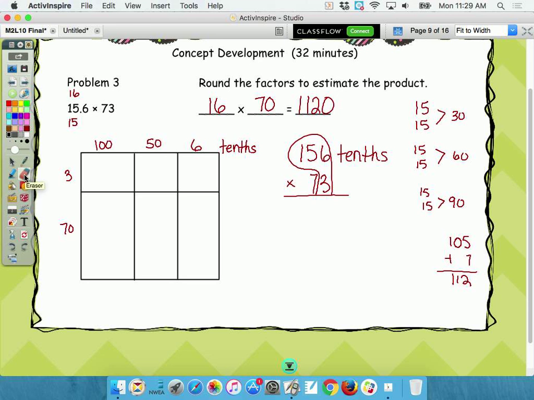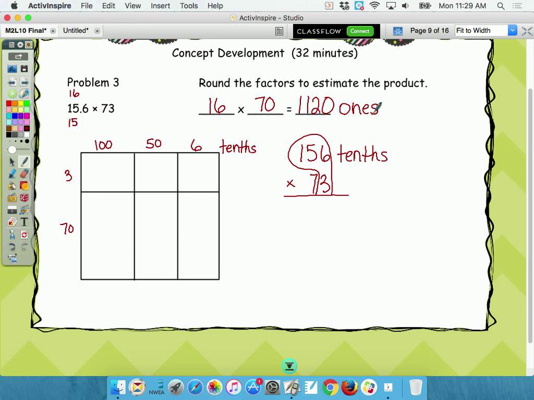So it might have been easier to do 16 times 7 with the standard algorithm, but I felt like practicing my 15s today. You're supposed to pick out your ones. Oh, thank you. So this is 1. So we're going to be over 1,000 most likely.